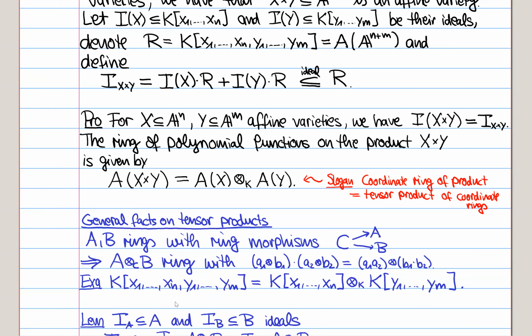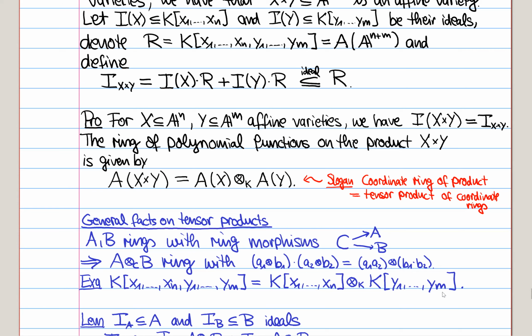As an example, if you haven't seen this before, this is a useful thing to check: the coordinate ring R that we had above in these n plus m variables is just the tensor product of the coordinate ring in n variables and the coordinate ring in m variables.